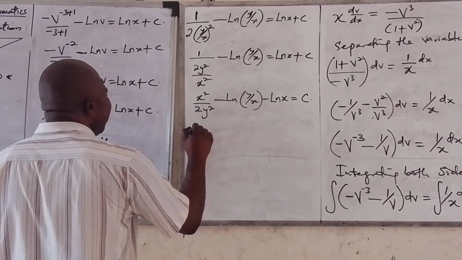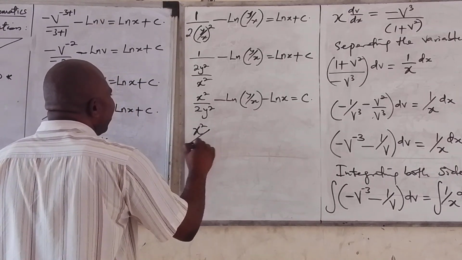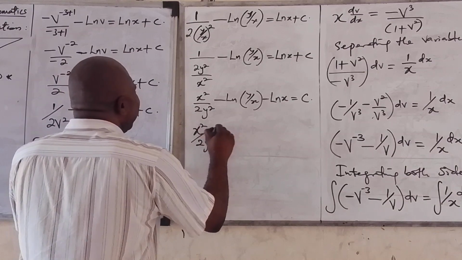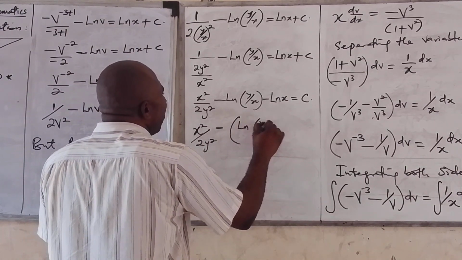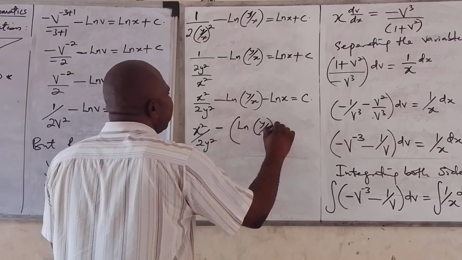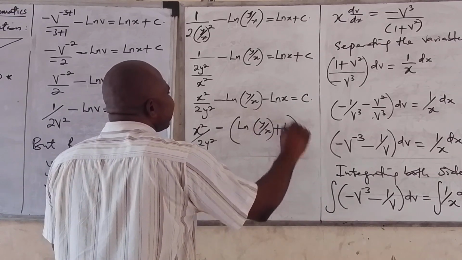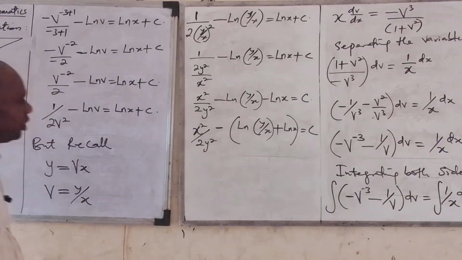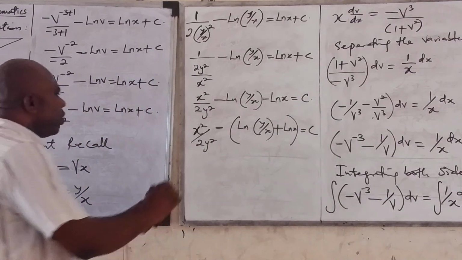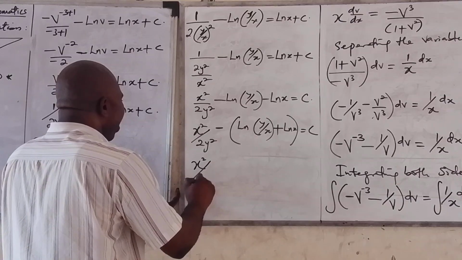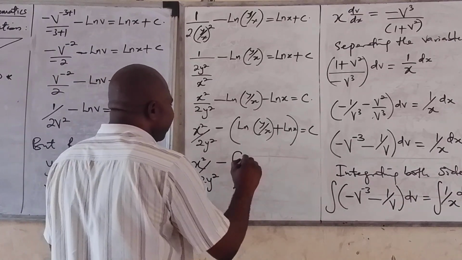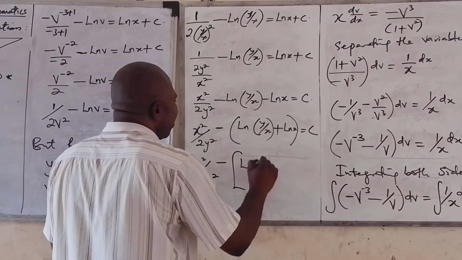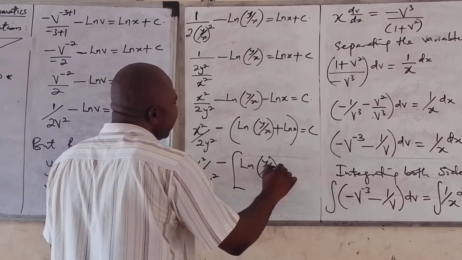So this is the same as saying x squared all over 2y squared minus, in brackets, ln y all over x plus ln x is equal to c. Now this is the same as saying ln of y all over x times x.